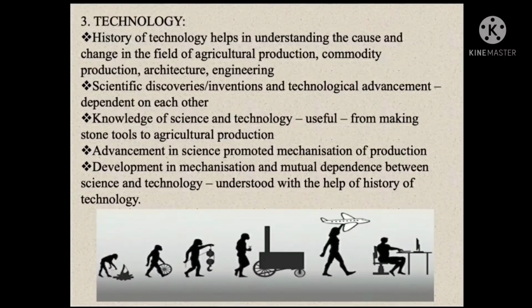Now children, the next is commodity production. Now what does commodity mean? Commodity means some goods. Let's again take an example of a farmer. If the farmer wants to earn more, he will produce more goods. What are his goods and products?